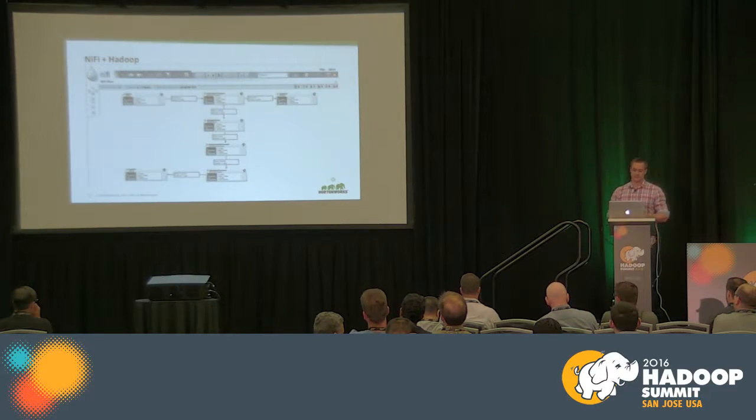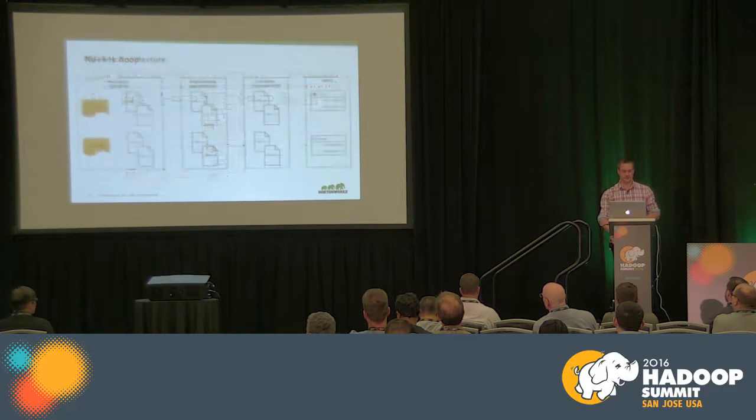We have the conversion process, which extracts out the TIFFs. We have the pre-processing, which does the unrotation as well as the grayscale that we showed you before. We do some updating of the properties, and then finally we have the actual Tesseract OCR that is done prior to finally putting this data onto HDFS.